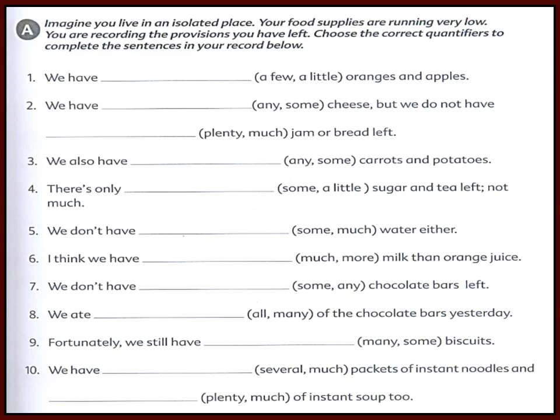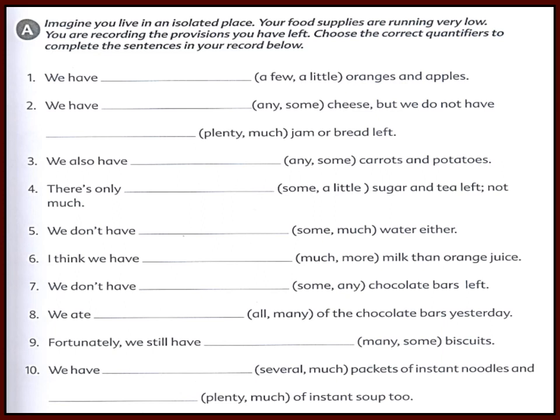Choose the correct quantifiers to complete the sentences in your record below. Now, you will solve this exercise according to the question. There are 10 sentences. So let's start working on that.